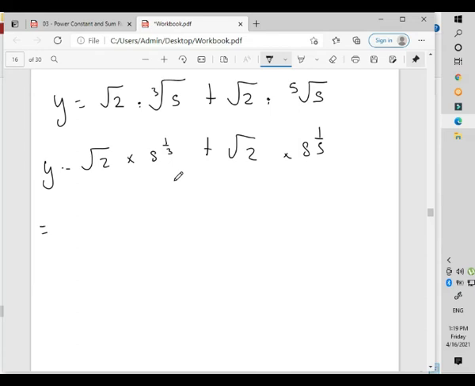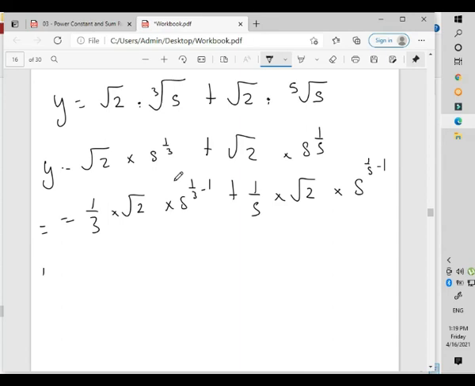So next what you actually do is the power goes in front, so you have a third times root 2 times s to the a third minus 1, plus 1/5 times root 2, which is then s to the 1/5 minus 1.